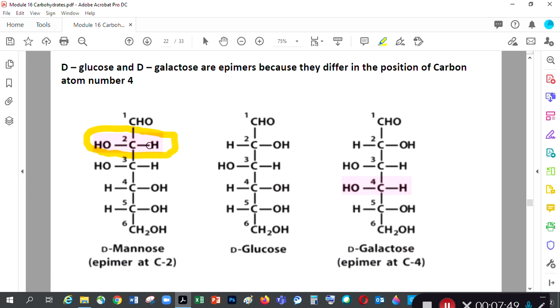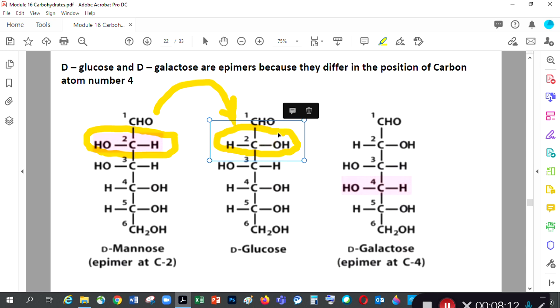So carbon 2, you see? And here is carbon 2. So those here are called epimers. Why? Because at carbon 2, the OH is at the right, correct?